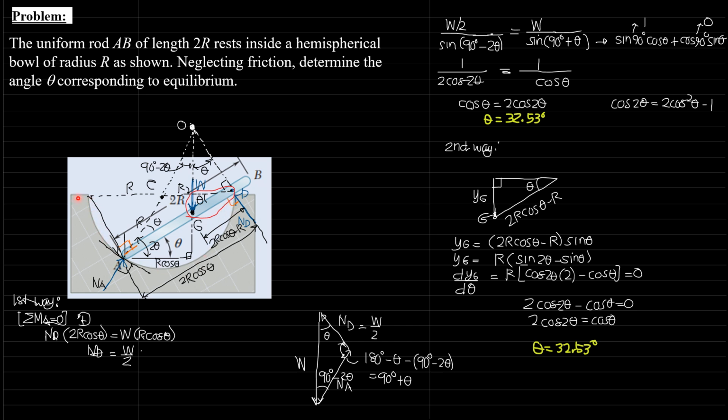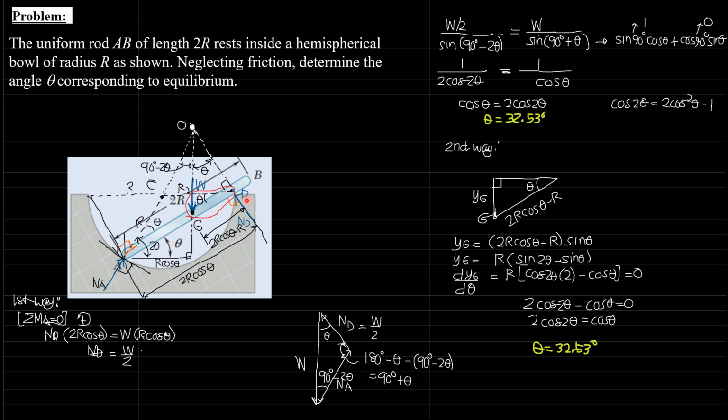Since the bowl and the bar are frictionless, the normal components of reaction should be perpendicular to the tangent to the surface. So this is point A, and this is NA.